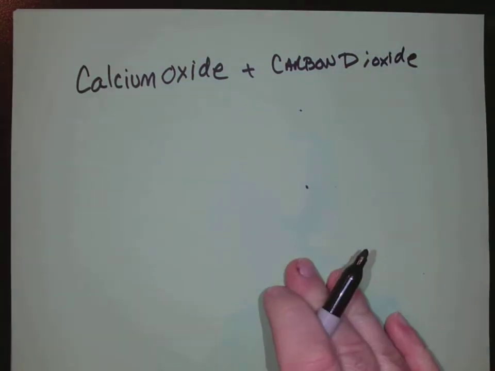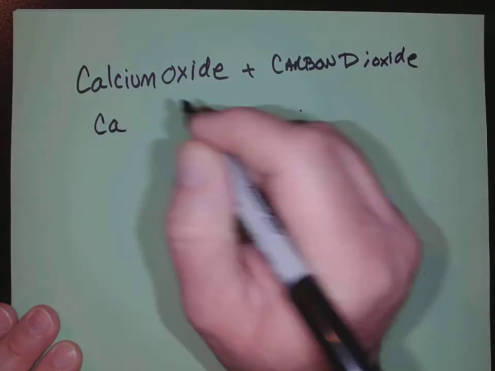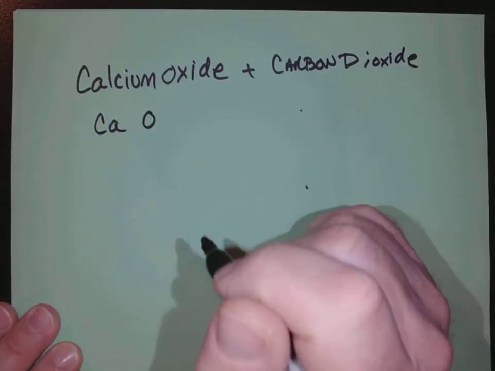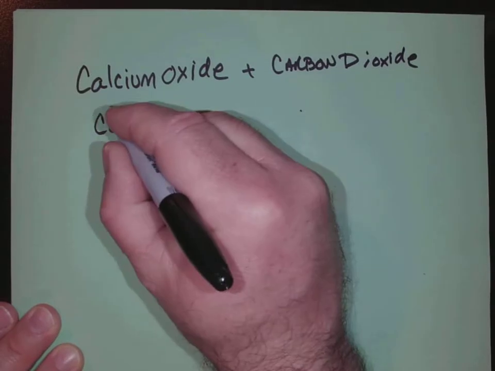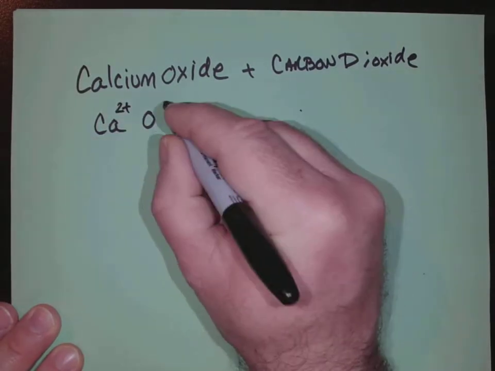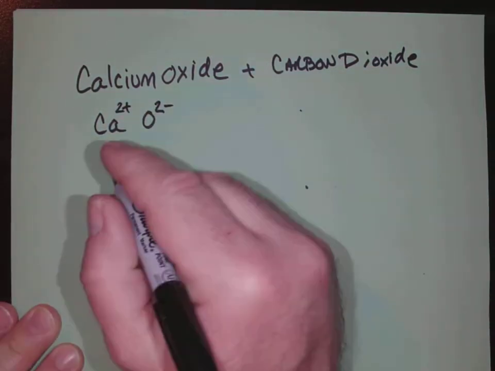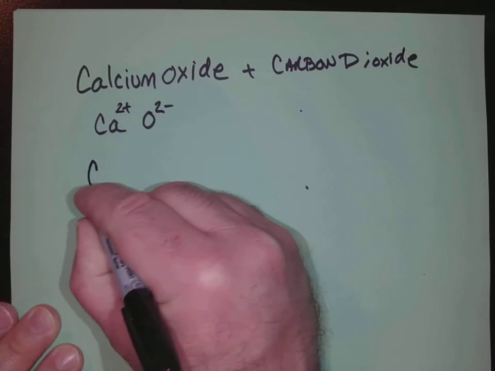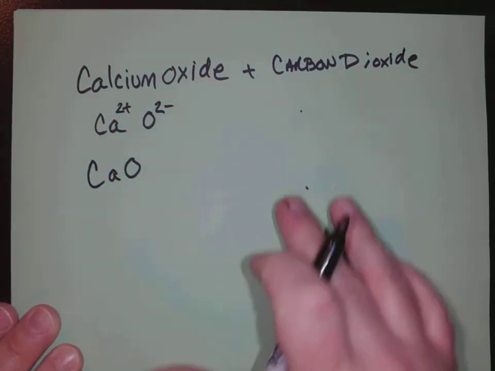So calcium and oxide. Again, these things are going to have charges. So you should know by now that calcium has a 2+ charge and oxygen has a 2- charge. So it's going to create the formula CaO.